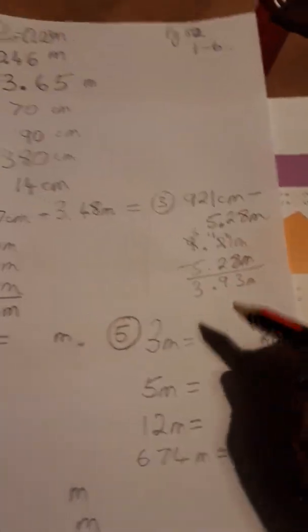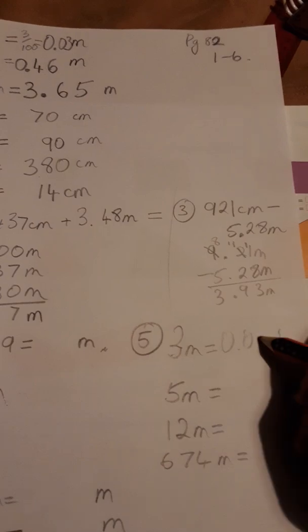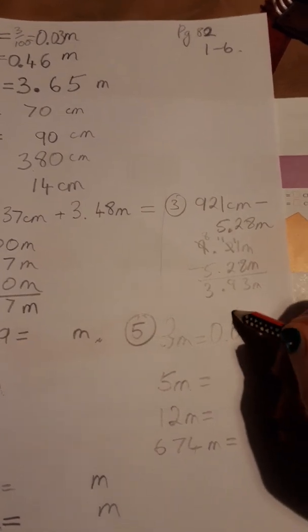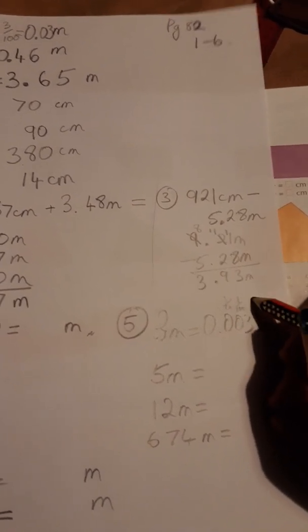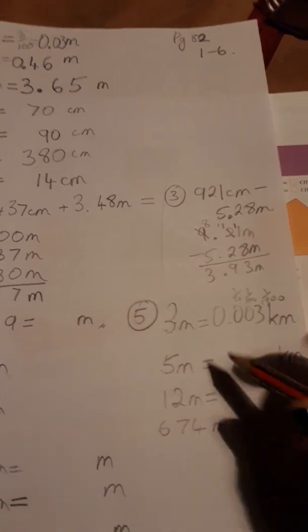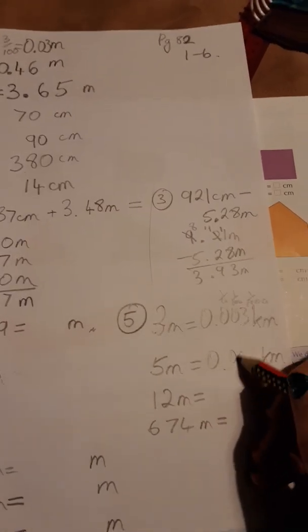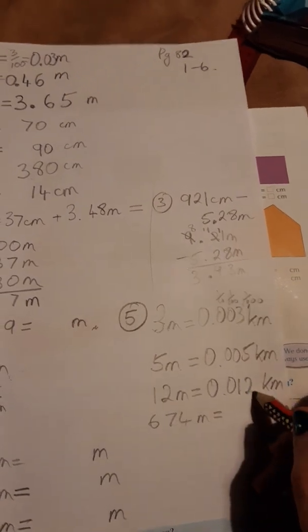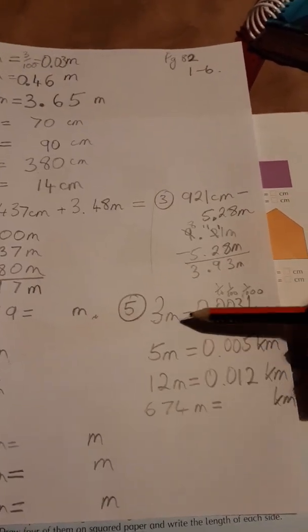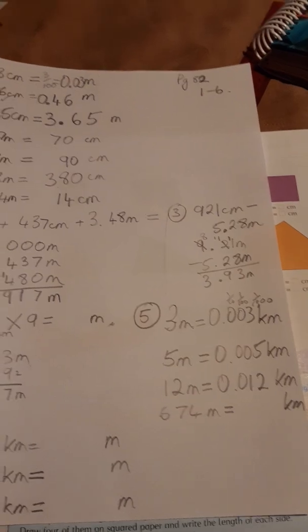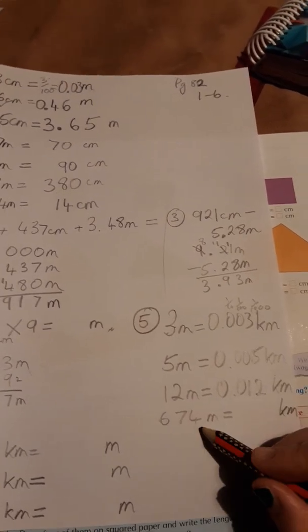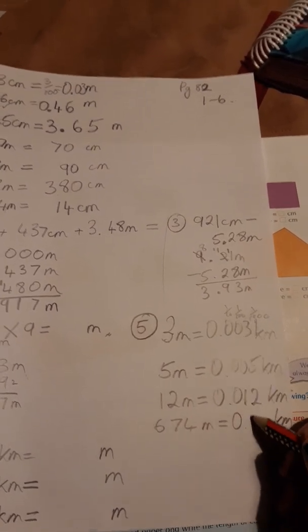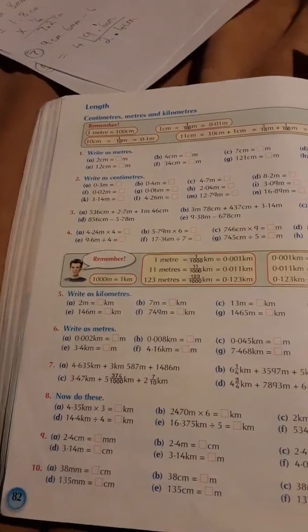In this case it will be 0.003 kilometres, because that's the tenths box, that's the hundredths box, and that's the thousandths box. This one will be 0.005, 0.012, because you're dealing with metres. There's 1,000 metres in a kilometre, and in this case it is less than a kilometre, and it's 0.674.